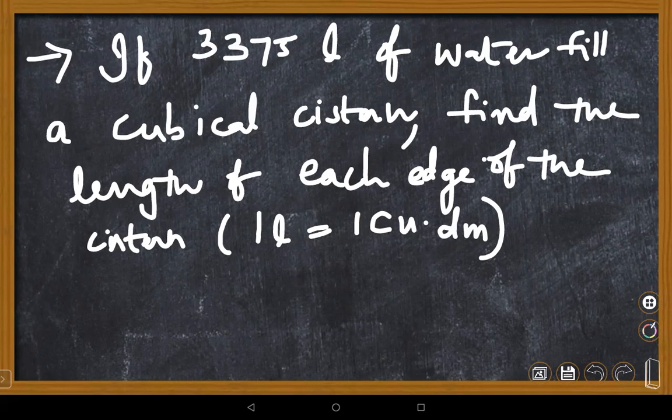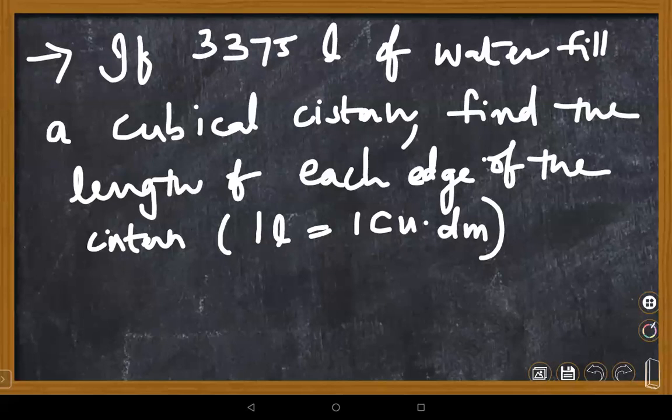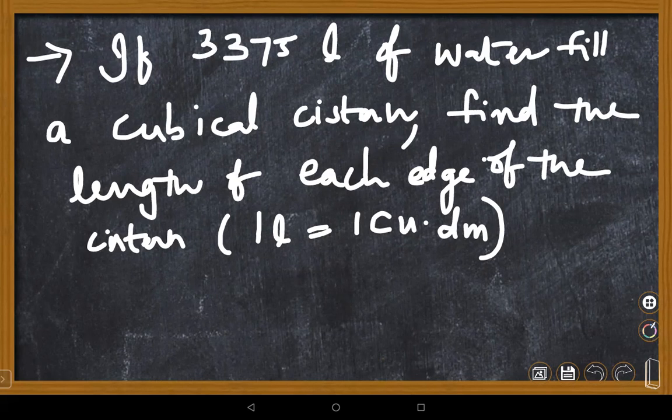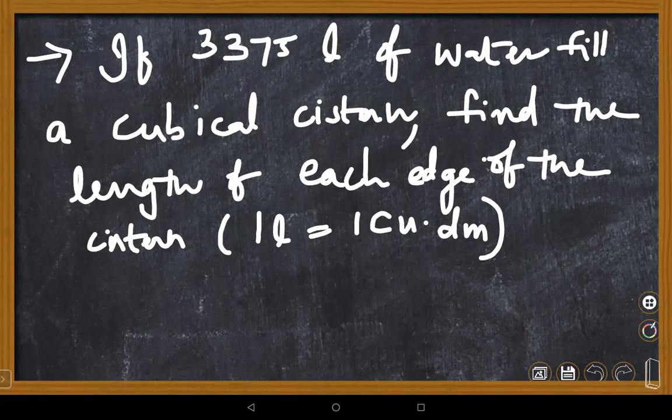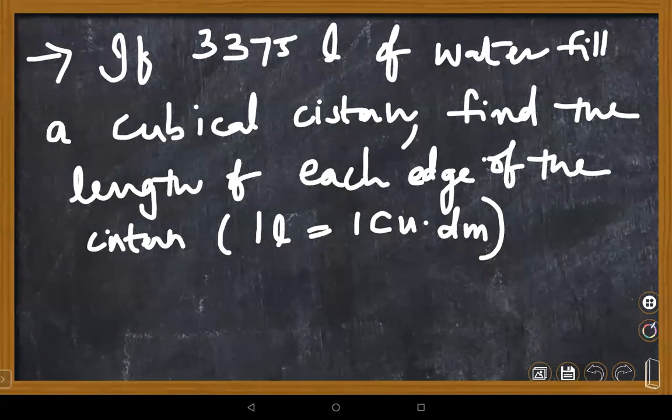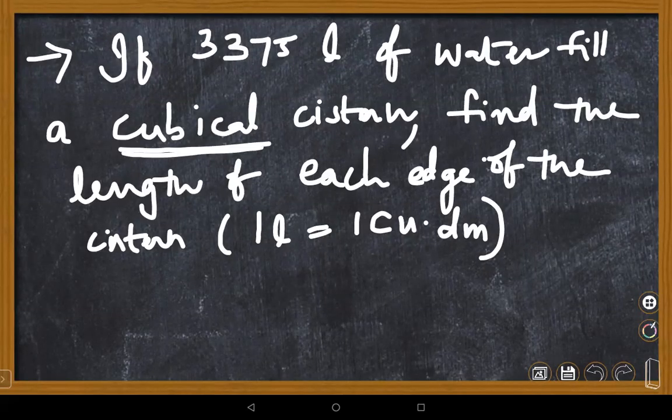Here, if 3375 liters of water fills a cubical vessel or cubical cistern, find the length of each edge of the cistern. A cubical vessel means what is the volume of a cube, children?